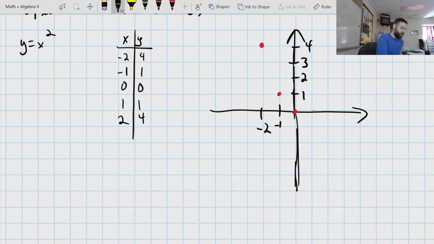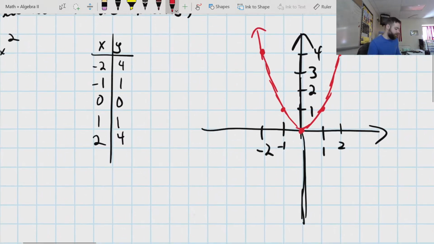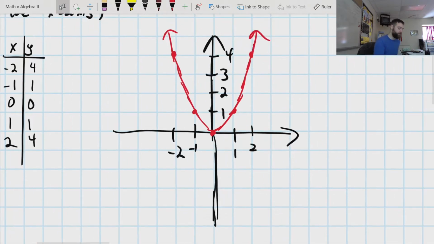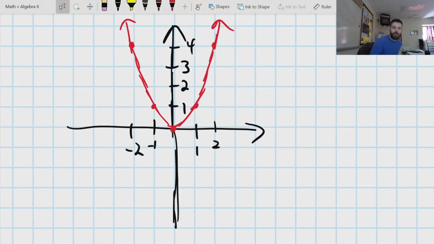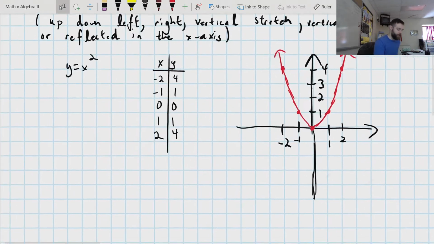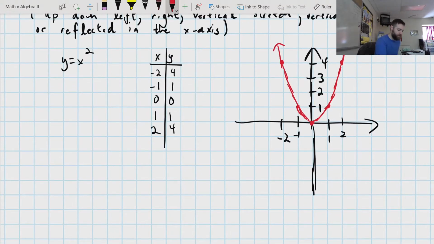And then we've got 1, 1 again. And then 2, 4. And that is it. That is the function x squared. That's what x squared looks like.